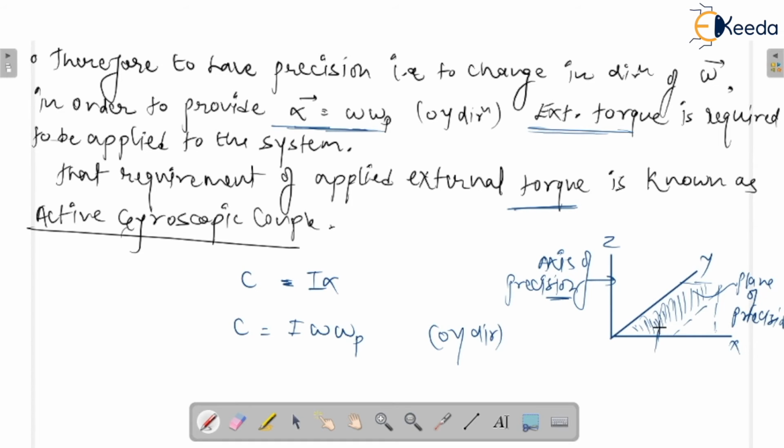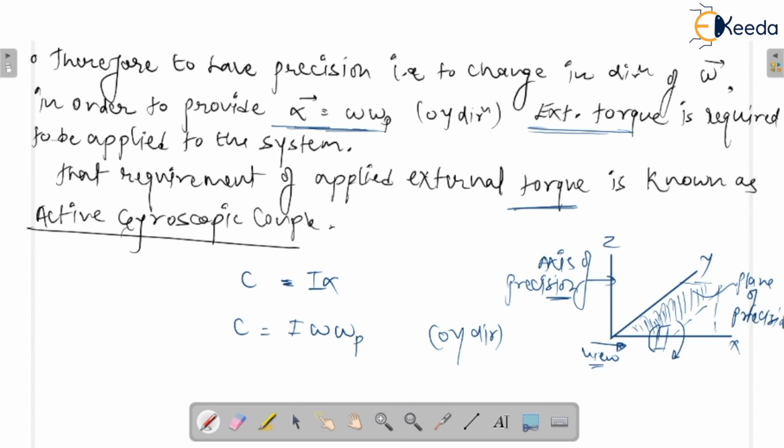The body is rotated in the clockwise direction when viewed from this direction.